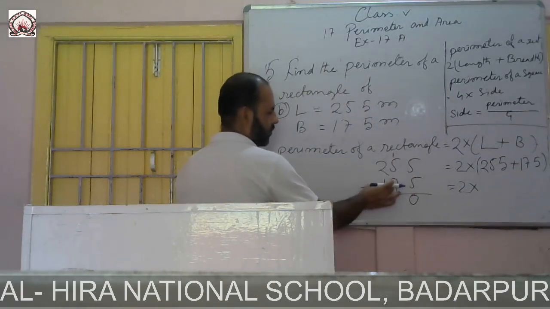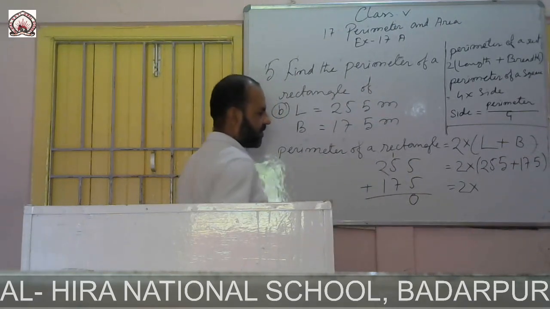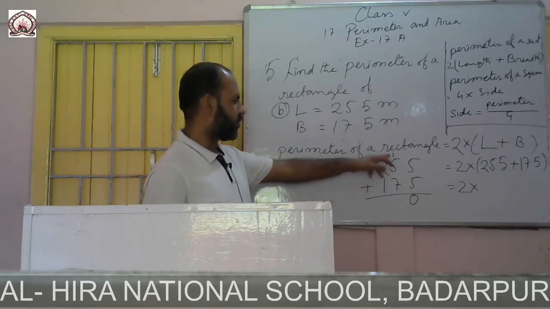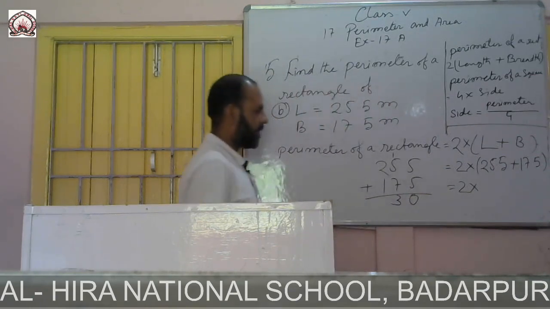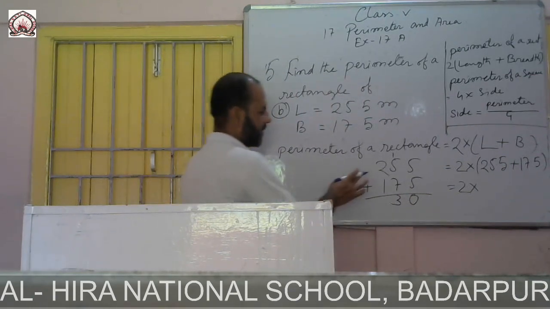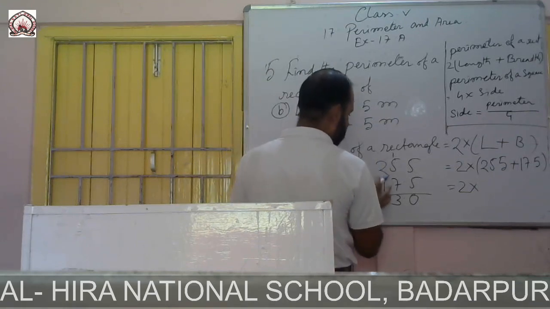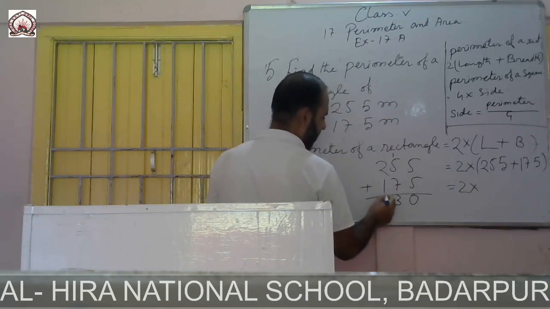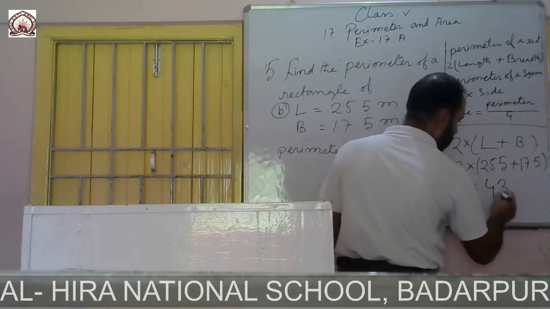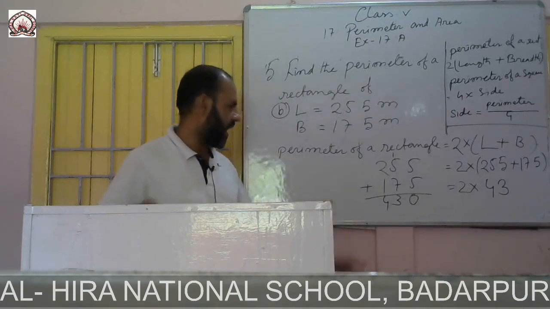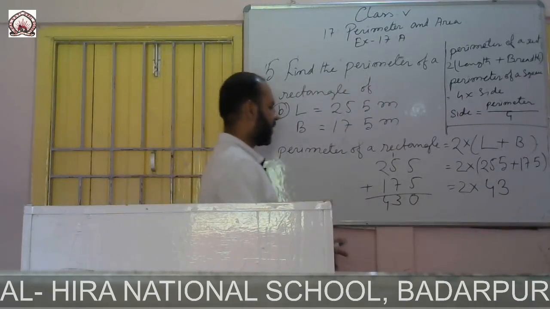So 7 plus 5 is equal to 12. 12 plus 1, 13, 3, 1 in my hand, and 2 plus 1, 3, and 1 in my hand, 4. 43. After point 0, valueless.